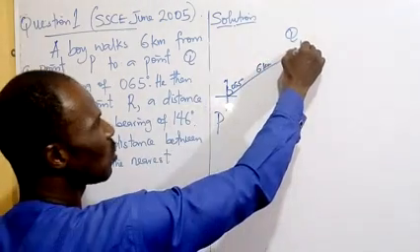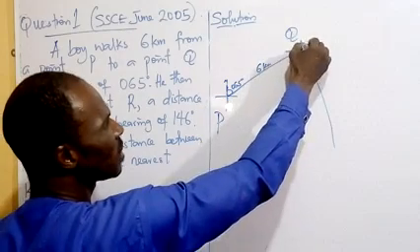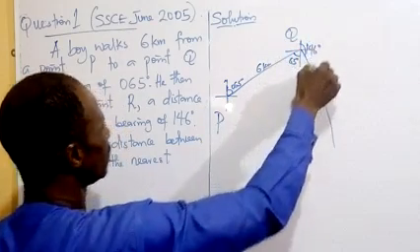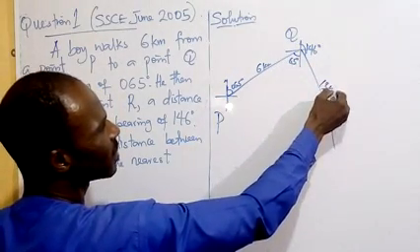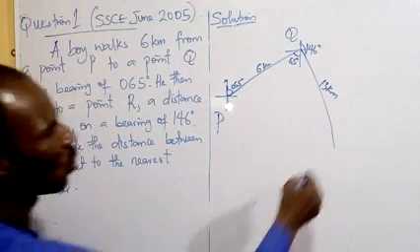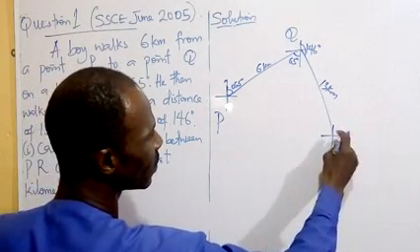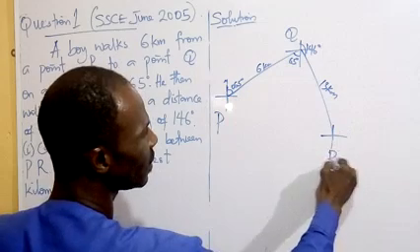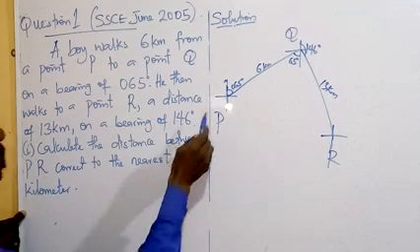So on a bearing of 146, from here to this point, 13 kilometers, to point R.